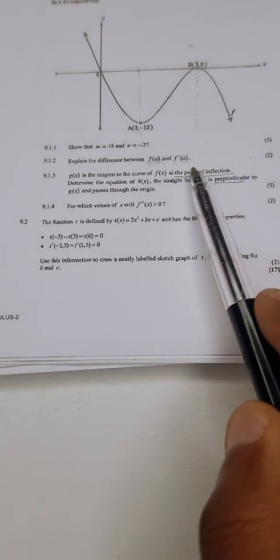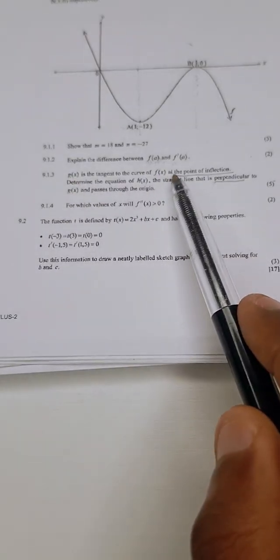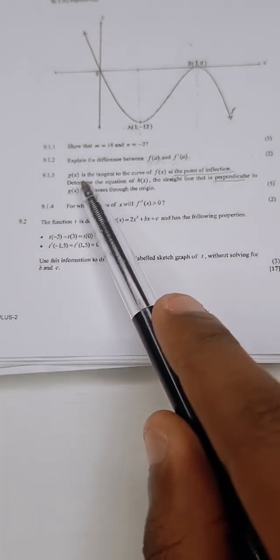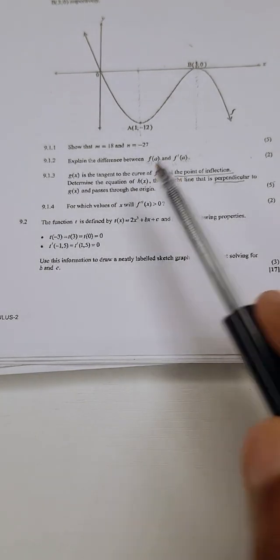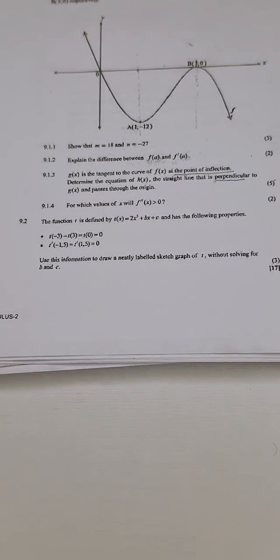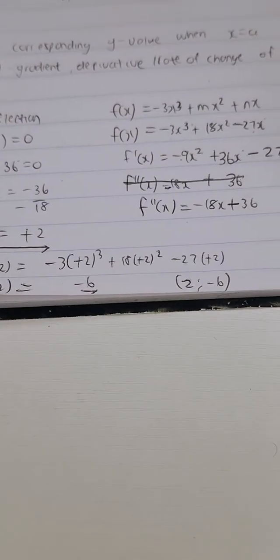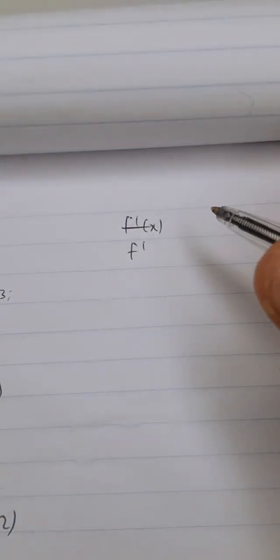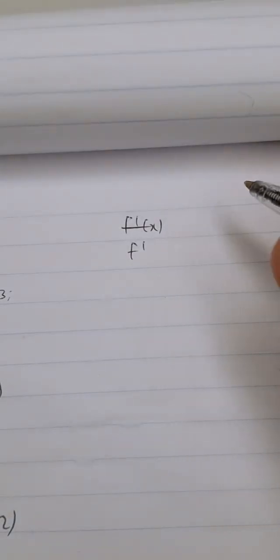So now that we have the point where this tangent is touching the curve f, we have a point, and now we need the gradient at that specific point. If we want the gradient, then we need f prime of what?